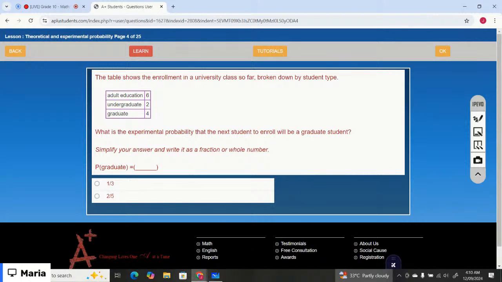The table shows the enrollment in a university so far, broken down by student type. What is the experimental probability that the next student to be enrolled will be a graduate student? So, which is the correct option?